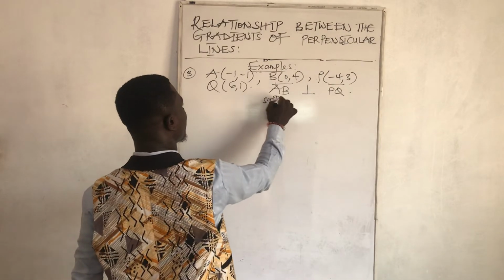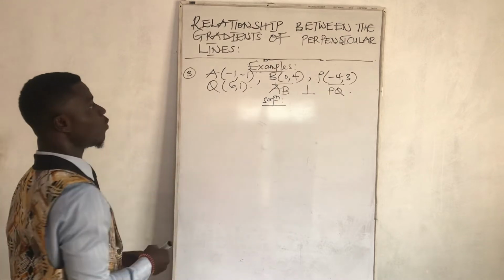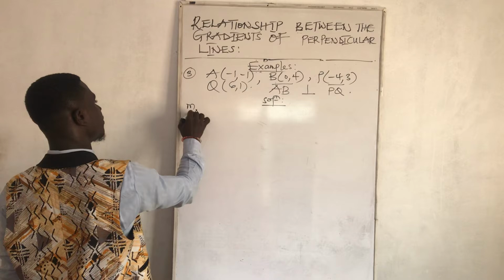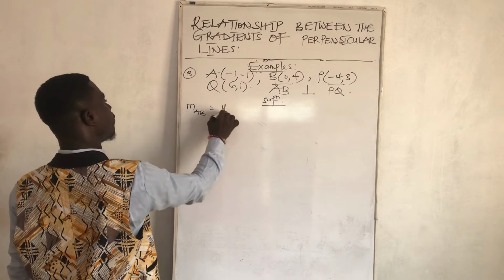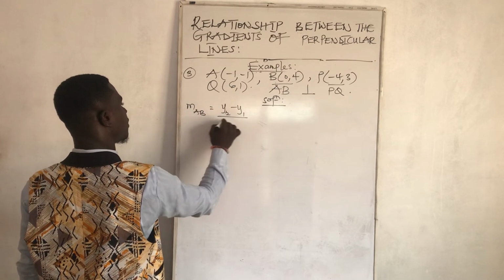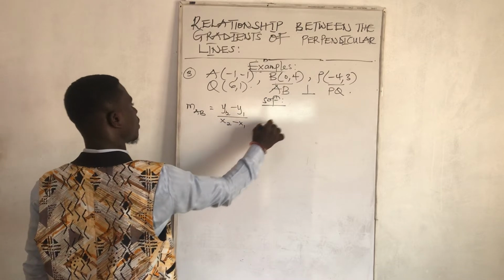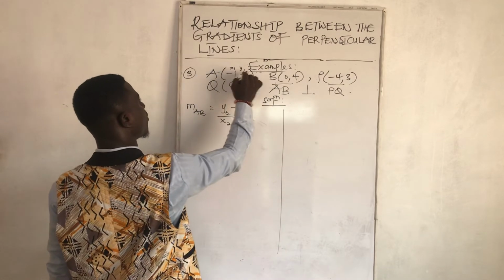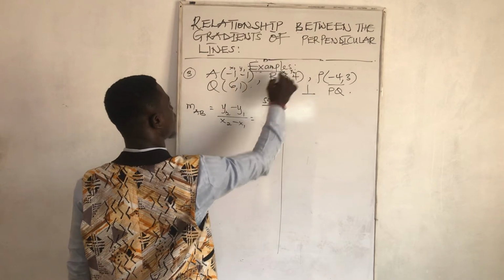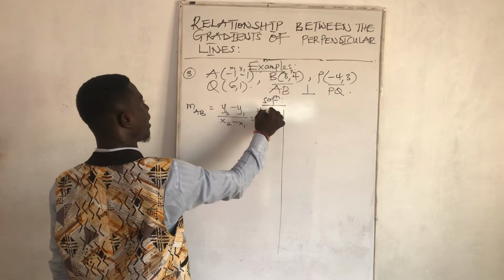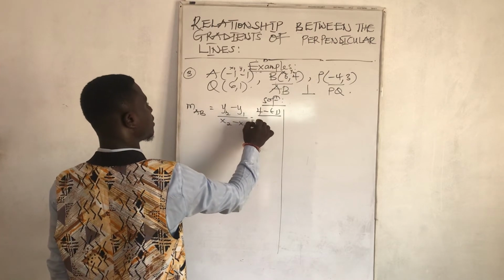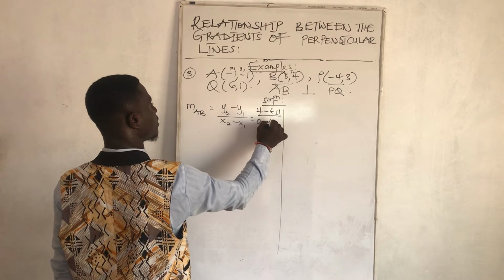Solution. We have to first find the gradient of line AB, which is y2 minus y1 all over x2 minus x1. So now we have x1 y1, x2 y2. y2 gives 4 minus y1, which is negative 1, all over x2, which is 0, minus x1, which is negative 1.